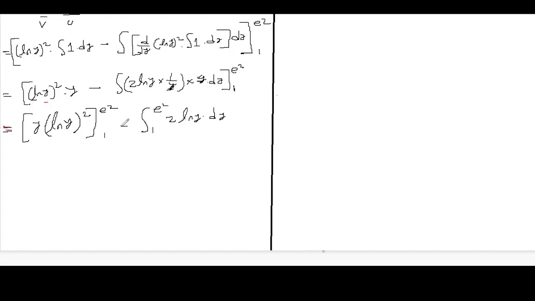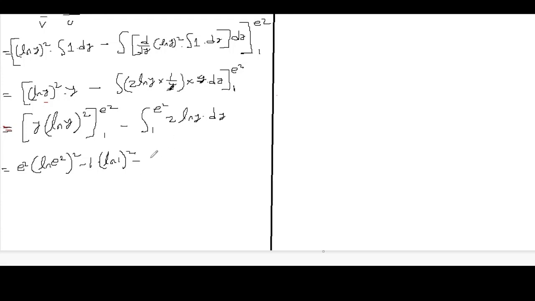In the first part, we can substitute the upper limit and lower limit, which finally gives e square, and here it is ln e square the whole square, minus 1 into ln 1 the whole square.